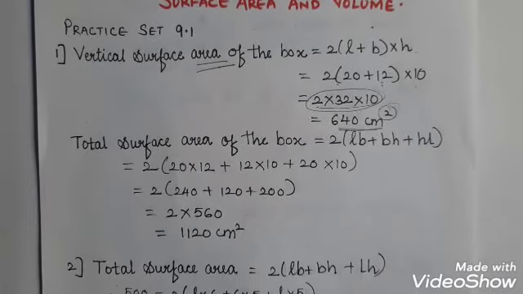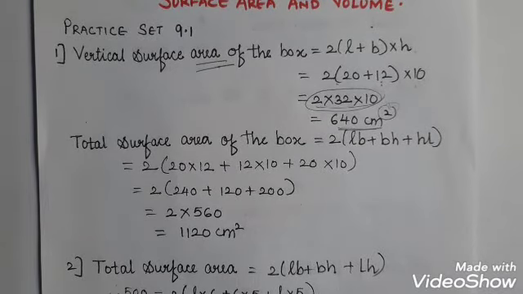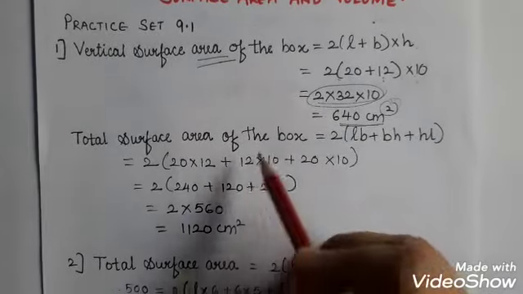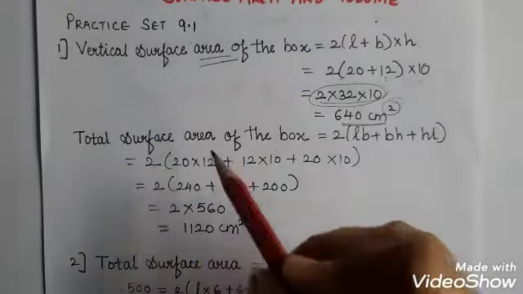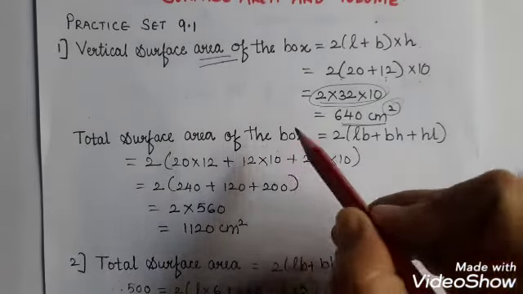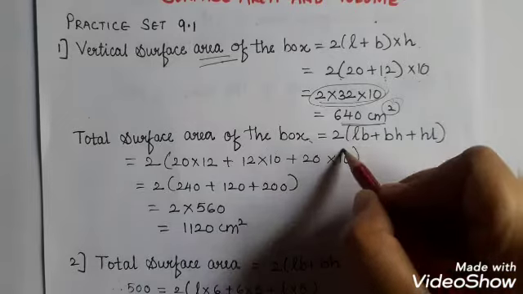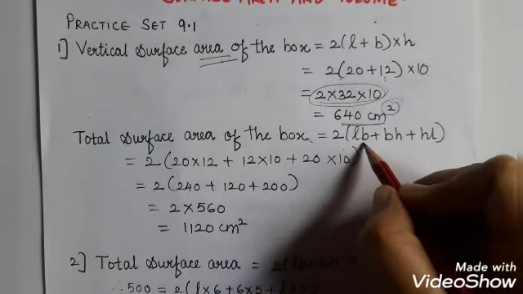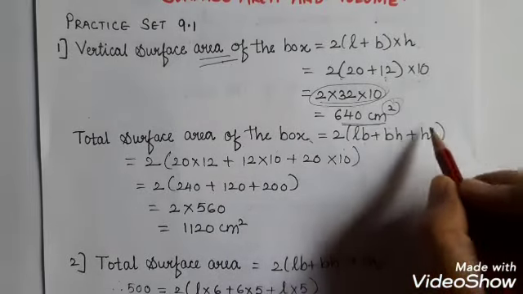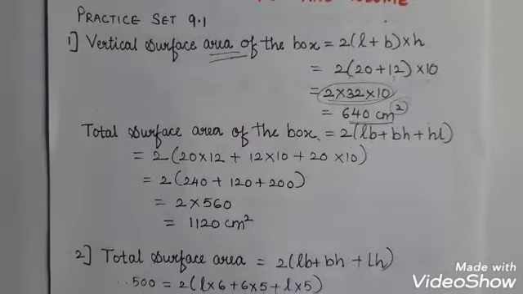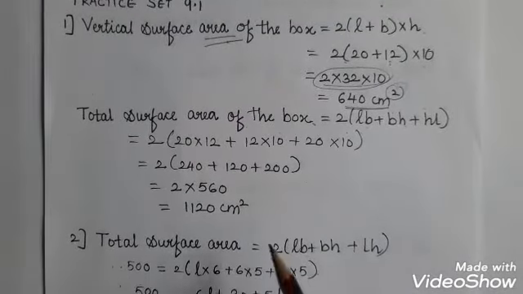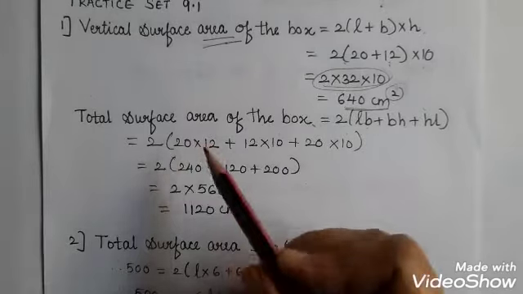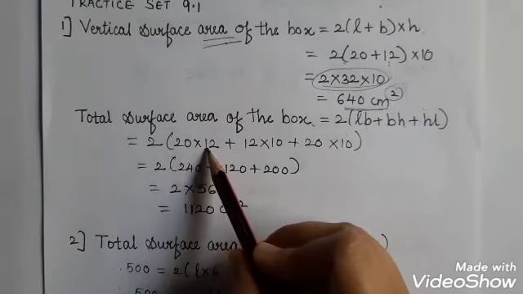Then next, along with that, we have to find the total surface area of the box. So the formula to find the total surface area of a box is 2 bracket length into breadth plus breadth into height plus height into length. Which is equals to 2 bracket. Length is 20, breadth is 12.